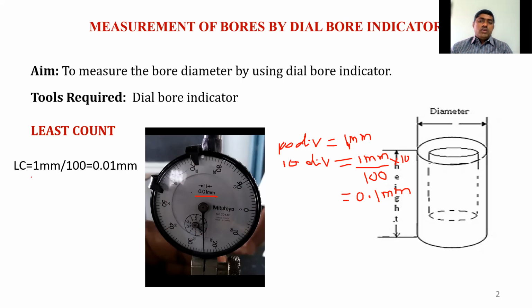Therefore the least count of the instrument is equal to 1 mm, that is the movement of the small hand by 1 division, divided by the number of divisions for the large hand, that is 100 divisions. So therefore 0.01 mm is the least count.